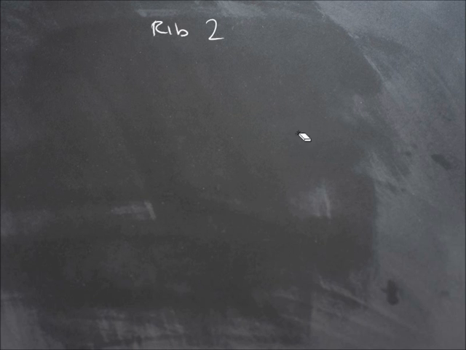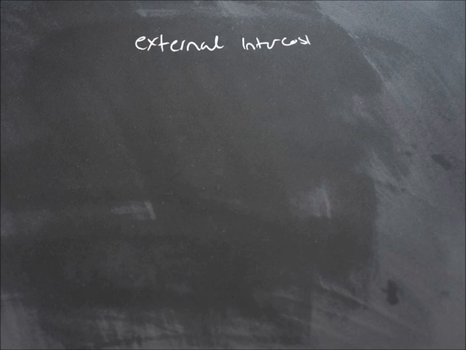Just to finish up, we'll do the intercostal muscles. Okay, so let's start off with the external intercostals. Over here we'll have posterior, and over here we'll have anterior.